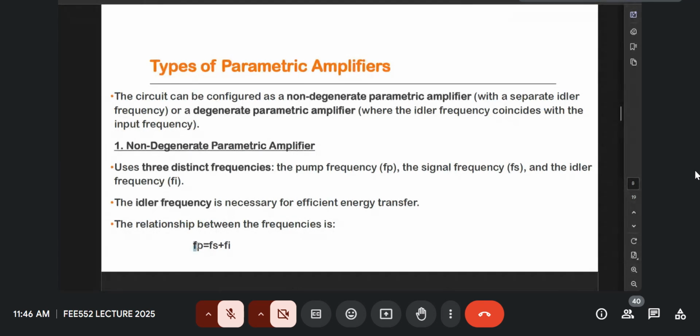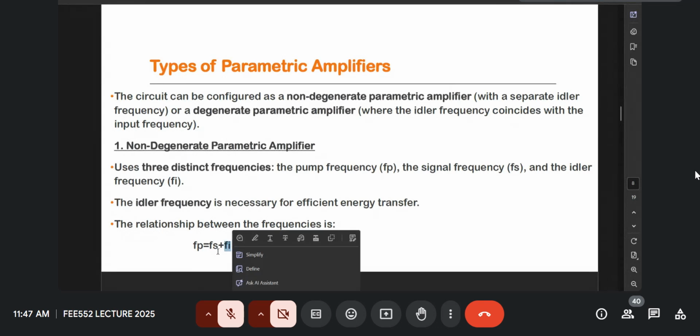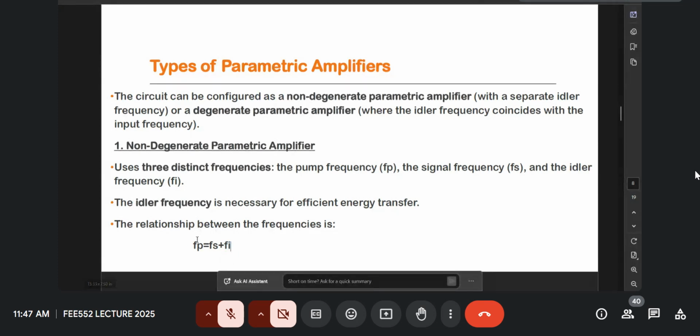If you select FP and you know FI, then you can get the desired FS that you want. So you need to choose so that you satisfy this relationship of frequencies.